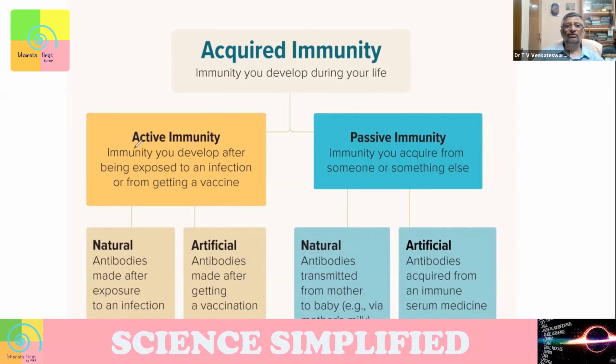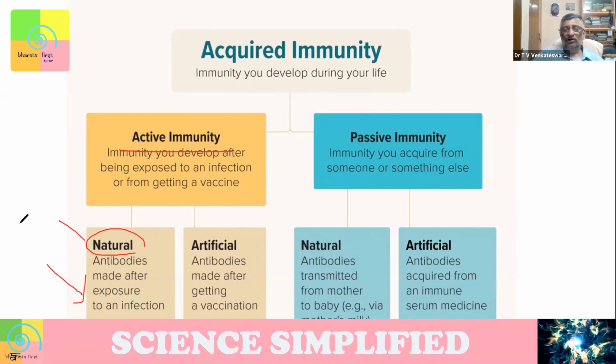When you are talking about active immunity, one type is natural. That is when you are exposed to infection, your body produces antibody. Once your body produces antibody, it remembers that antibody and that pathogen. So almost any time in your lifetime, there are exceptions, when the same pathogen attacks you, your body will be able to respond with the antibody that was produced earlier.